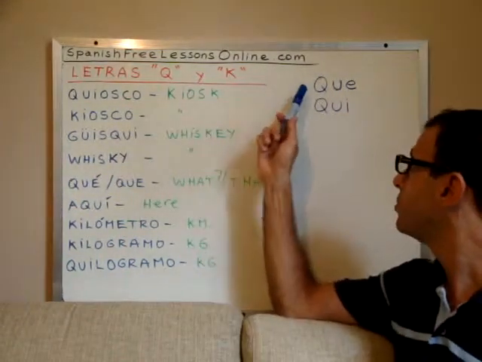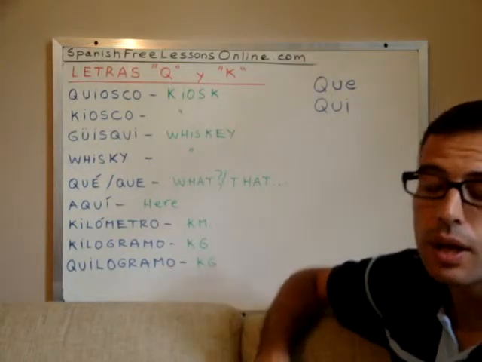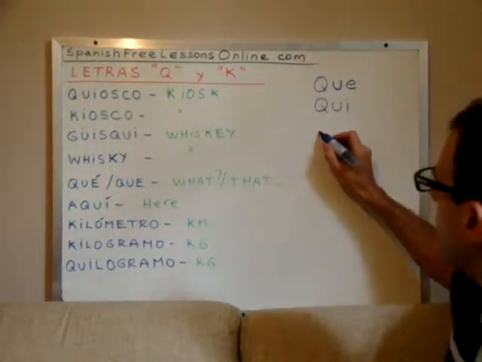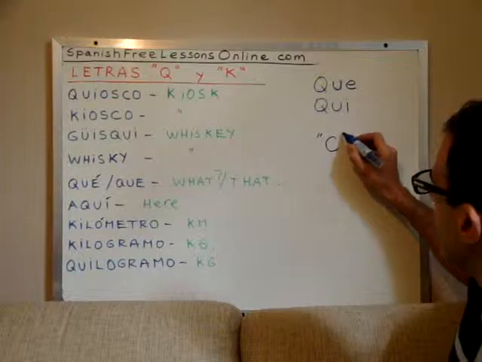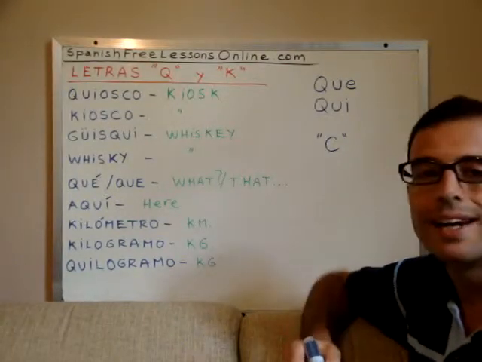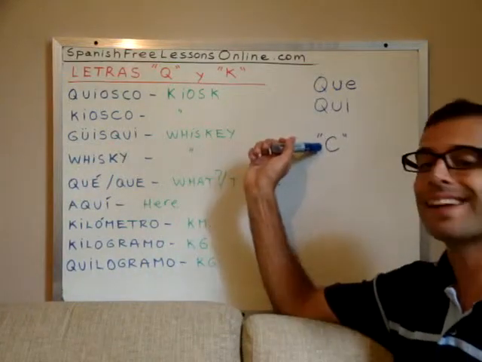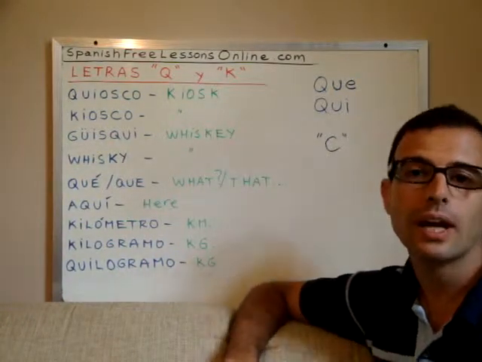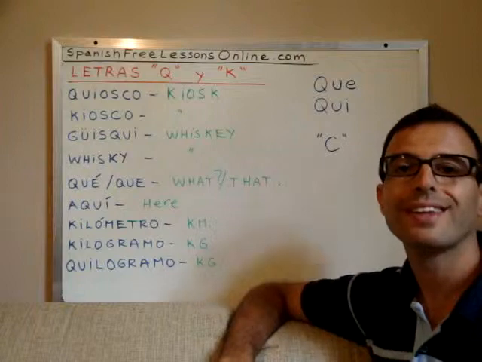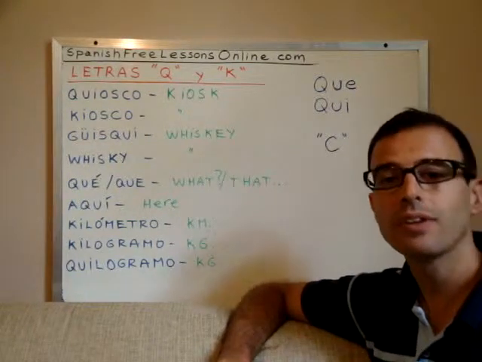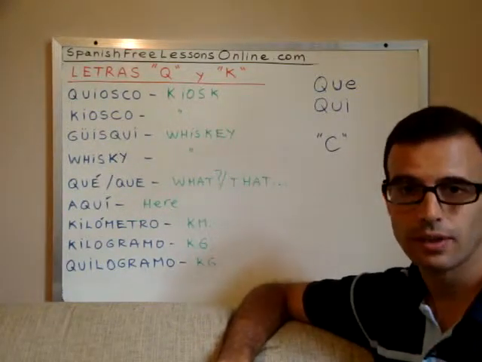So why these two cases only? Because we have in Spanish the letter C. The same as in English, letter C can have two sounds, S or K, right?